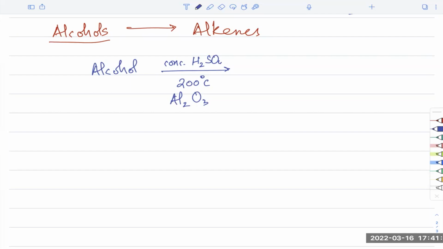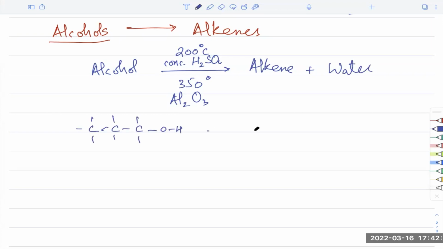So you could do two things. You could either use sulfuric acid at 200 degrees Celsius, or you could use aluminium oxide at 350 degrees Celsius. One of them will work, and it will convert the alcohol to alkene and remove water. So let's take an example. Let's suppose I give it the required conditions.